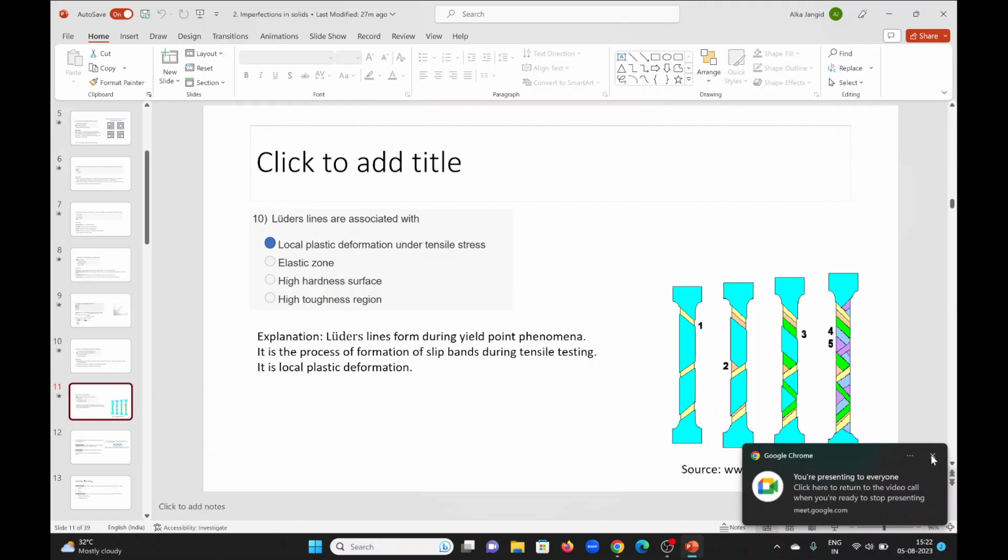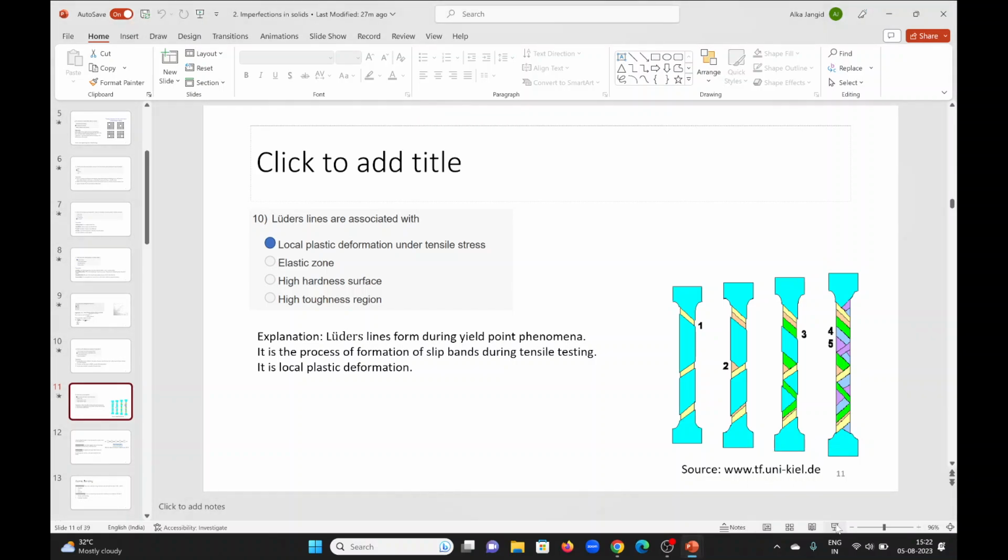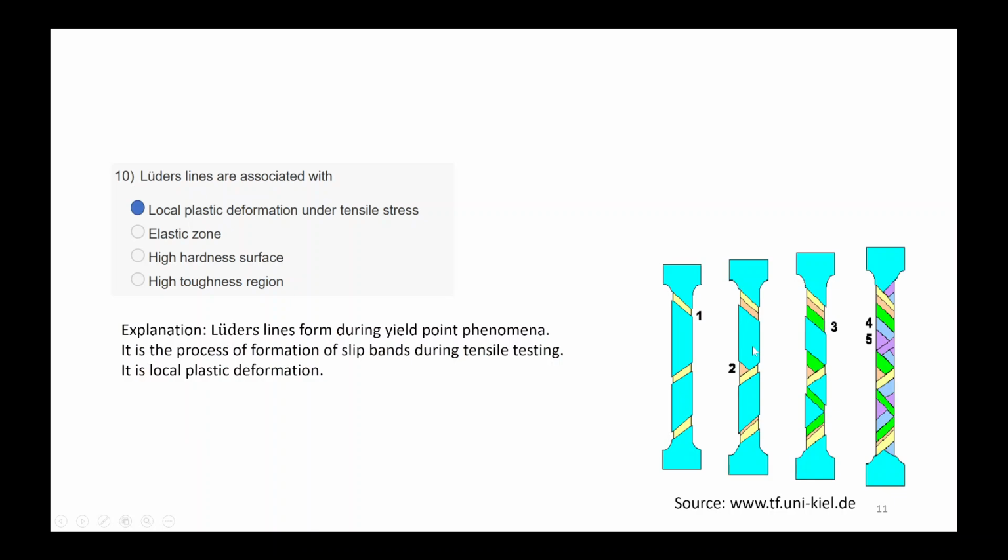I think Suresh or someone has asked. These are known as Luder's lines. Now in case of steels, there will be localized deformation because of yield point phenomena, and there will be formation of these lines.